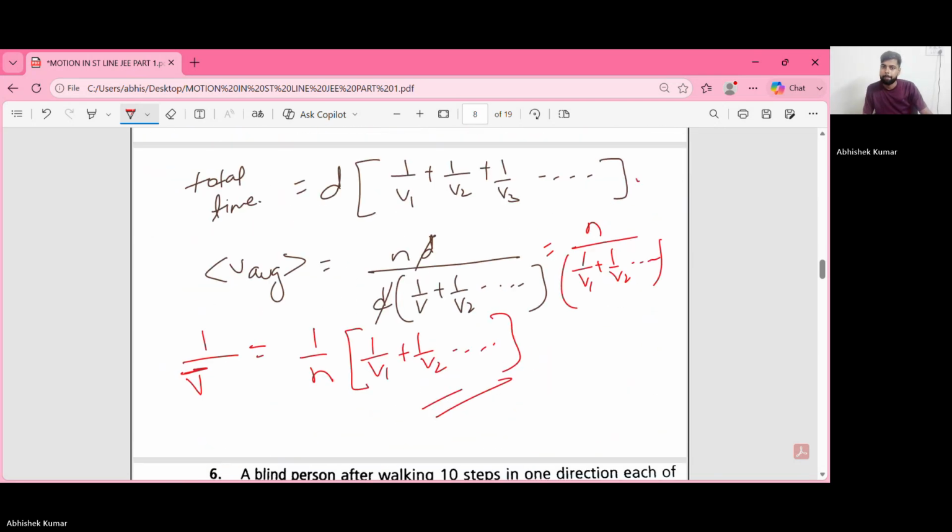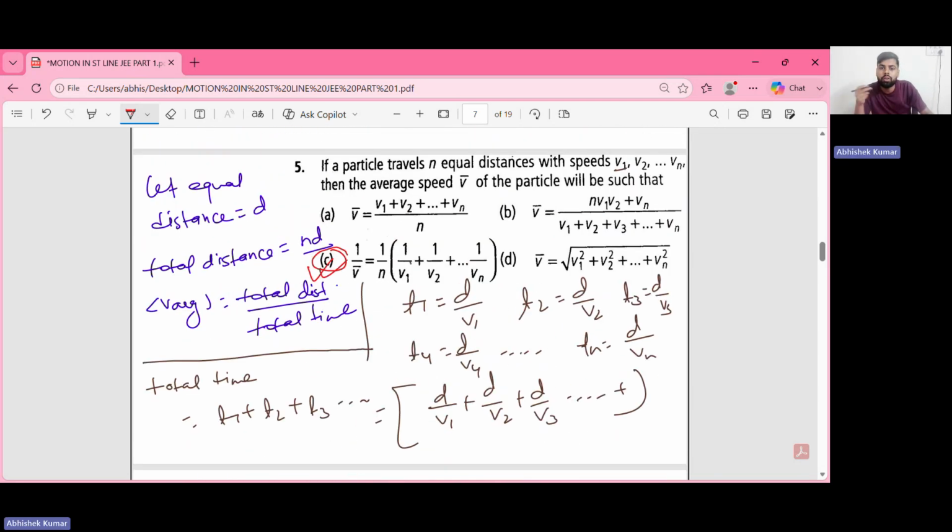Clear? Please take a pause and try to do it again. Means what? A particle is traveling equal distances with some velocities V1, V2, V3 like these cases. So what is the average speed for the particle? Let each distance be d, so the total distance is nd. We have to find the time.